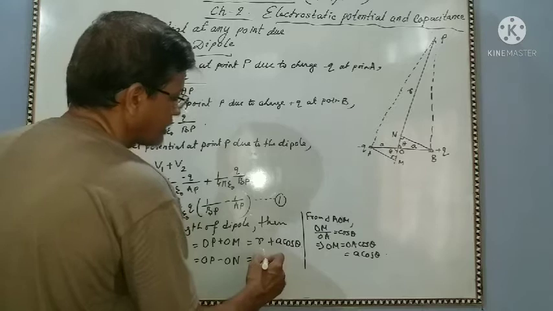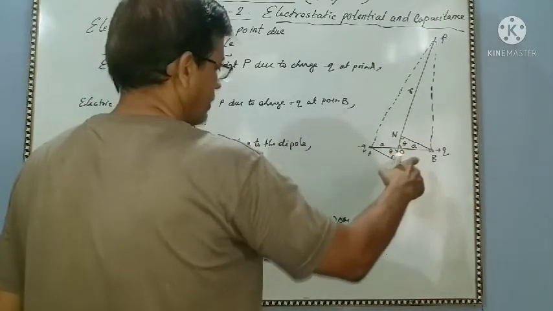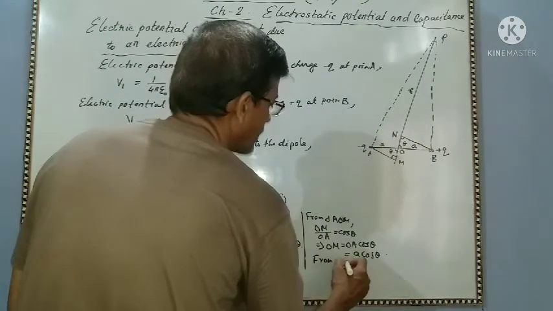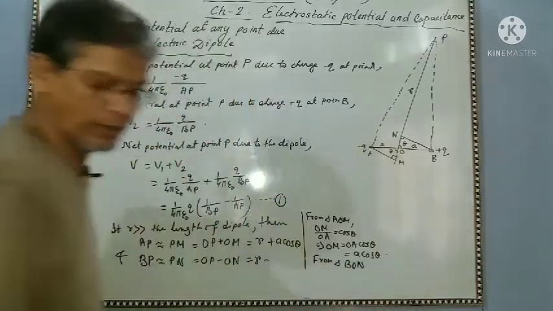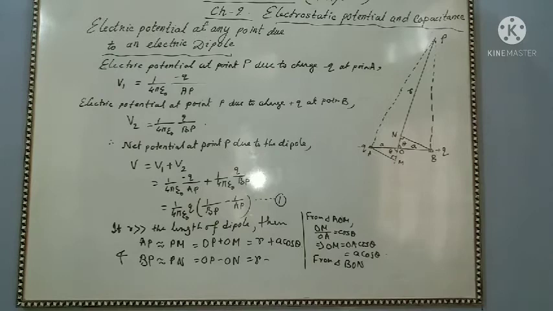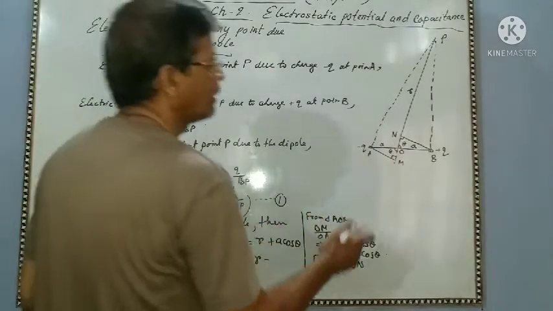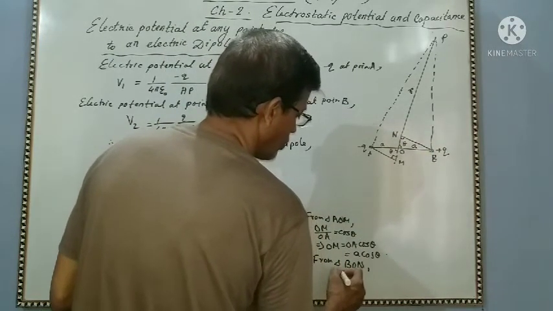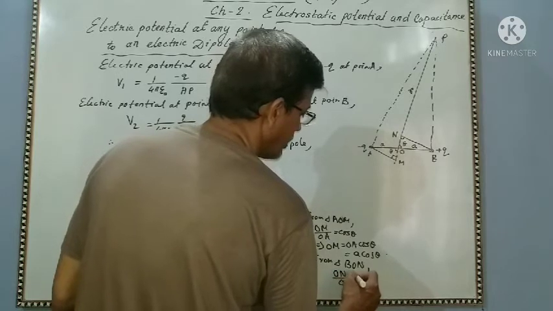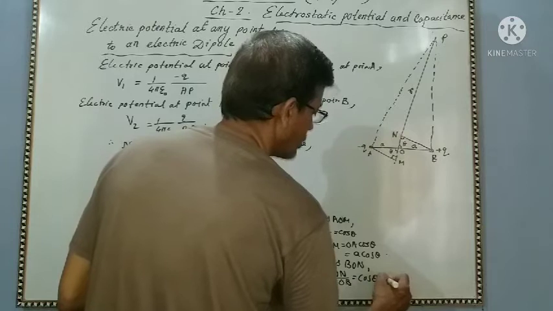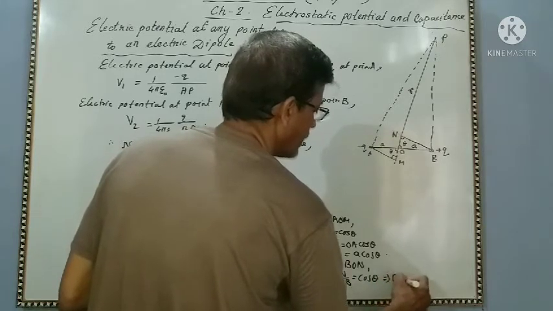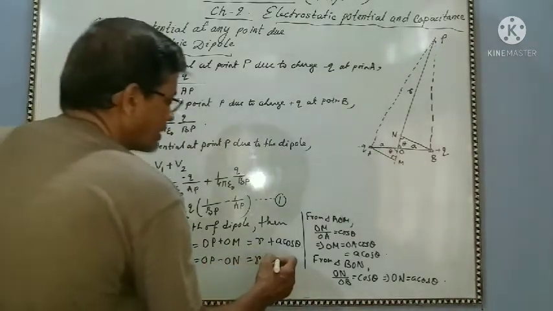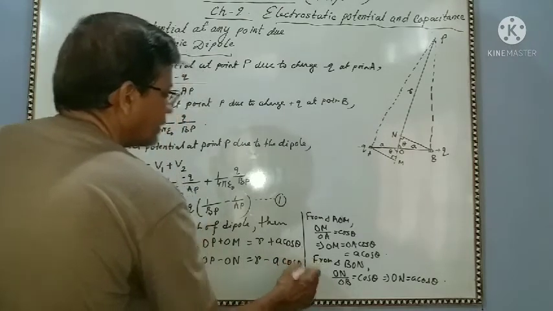So this is r minus ON. Now from triangle BON, ON by OB equals cos theta, which means ON equals a cos theta. So BP is r minus a cos theta.